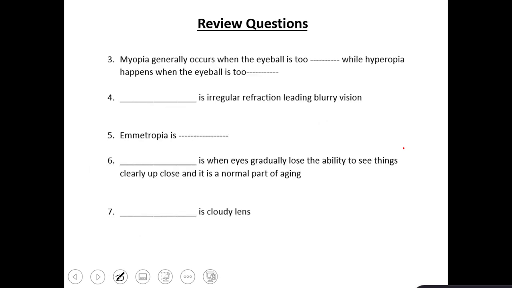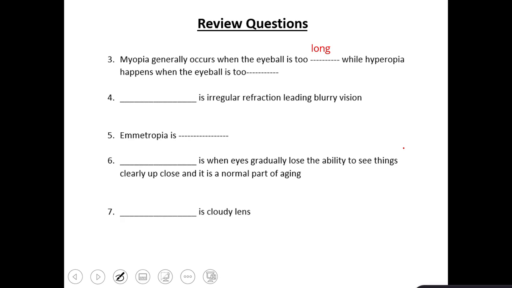So now let's review. Myopia generally happens when the eyeball is too long, while hyperopia happens when the eyeball is too short.